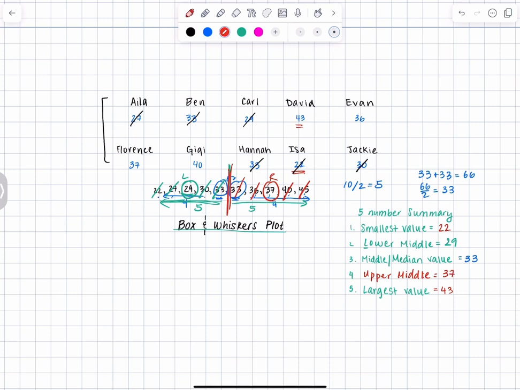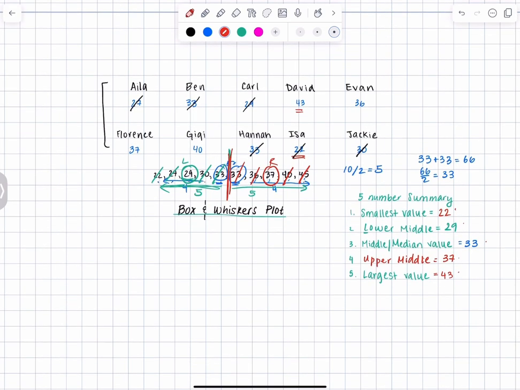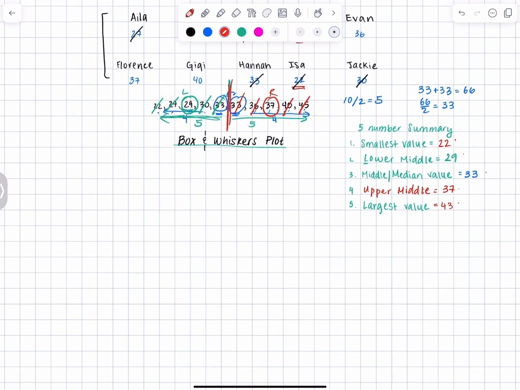Okay, now that we have all the numbers for our 5-number summary, we can start to construct our box and whiskers plot. To do this, we need to start out by laying out our graph. So let's create something that's about this big.